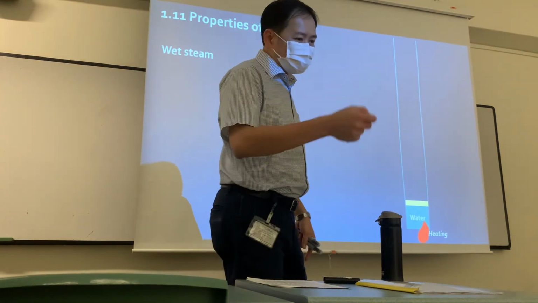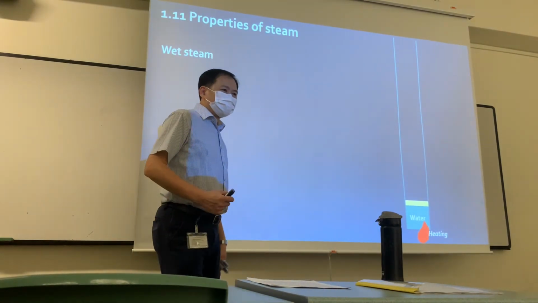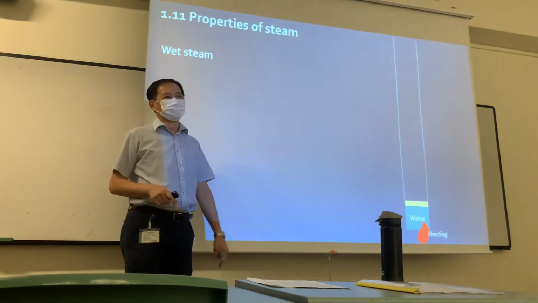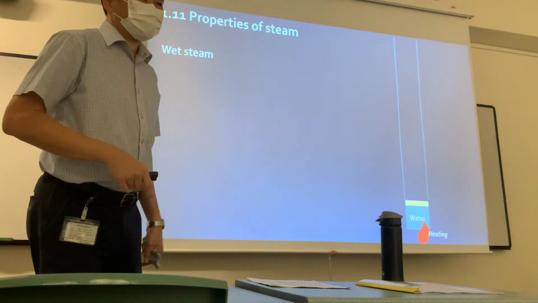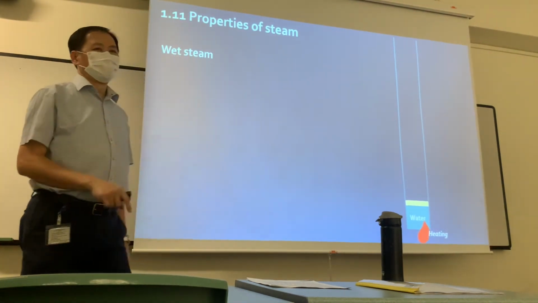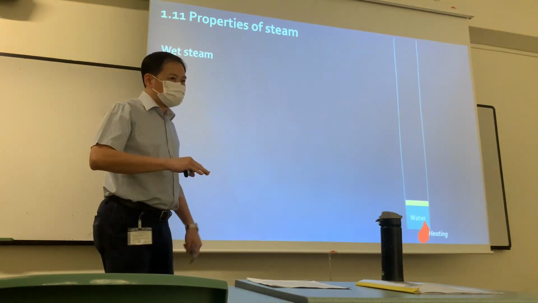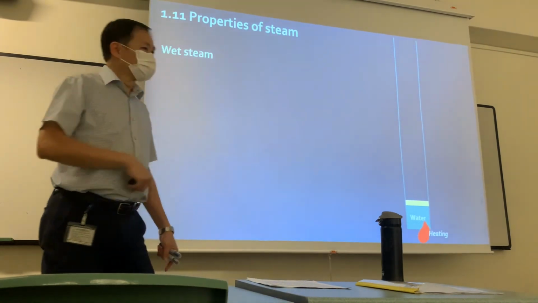You put a thermometer in and realize the water starts to boil without hitting 100 degrees C. You think, how come? The reason is pressure becomes lower, so boiling point becomes lower. Pressure drops, boiling point also drops.